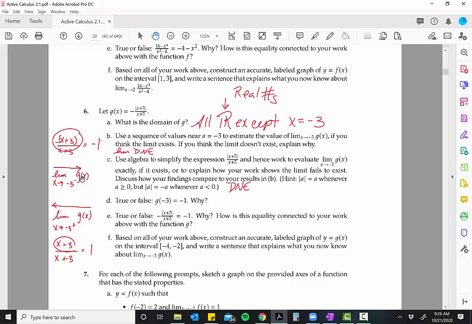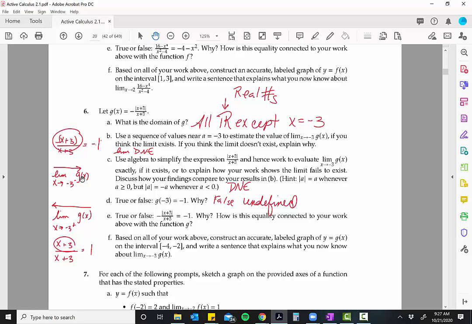Okay, true or false? g of negative 3 equals negative 1. Well, g of negative 3 is undefined, so this is false, because it's undefined there. True or false? Negative absolute value of x plus 3 over x plus 3 equals negative 1. Why?